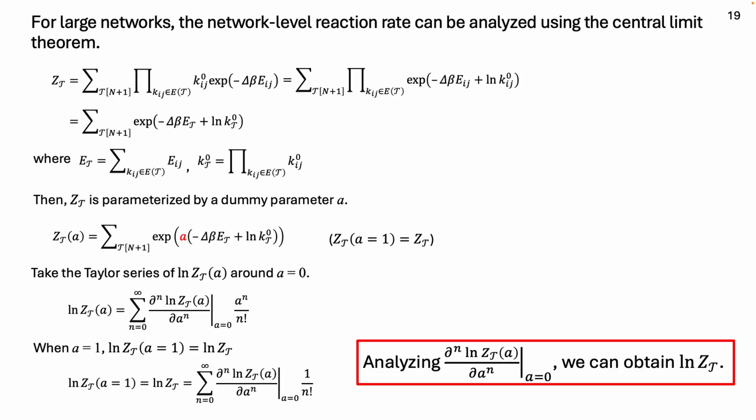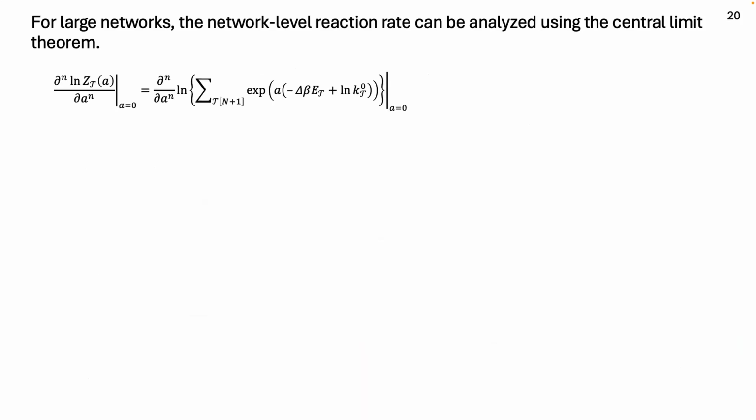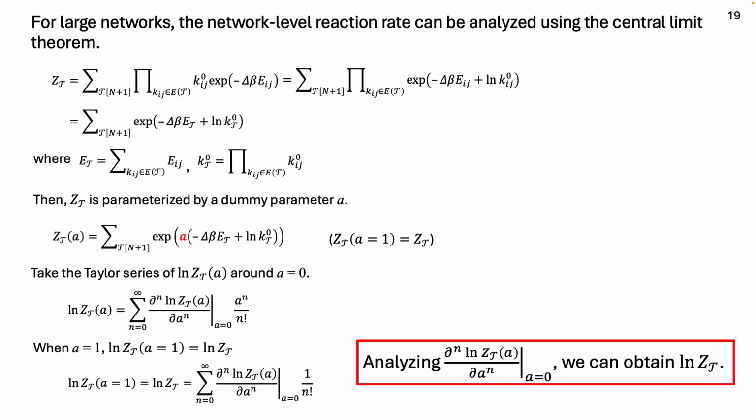So next we analyze the partial derivative of log ZT. Sorry, equal 0 or 1? For the Taylor expansion, around 0. Yeah, around 0, and then log ZT at 1. Yeah. Okay.